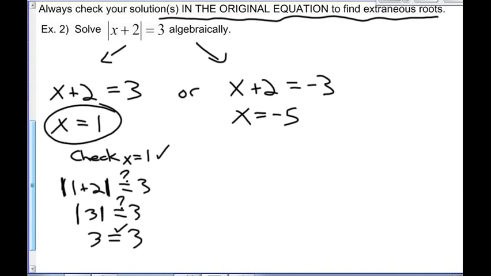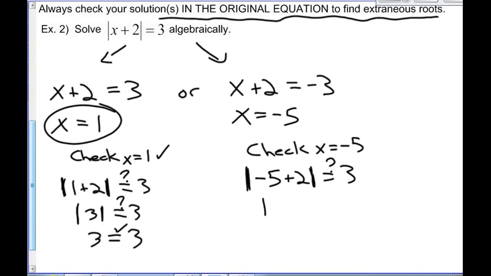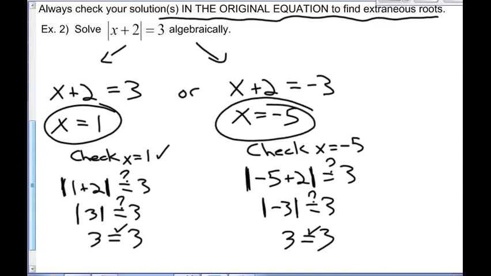So I can circle it. Let's check x equals -5. So is the absolute value of -5 plus 2 equal to 3? Meaning, is the absolute value of -3 equal to 3? Yes, it is. x equals -5 is a solution.